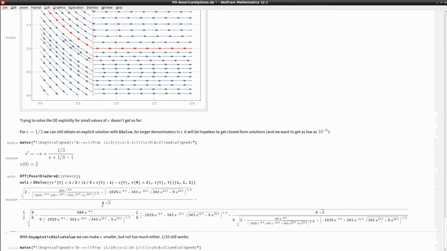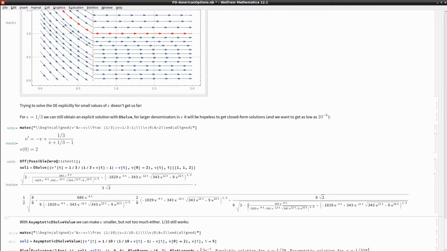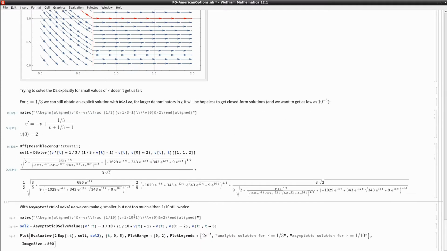For all practical purposes, I would call this a rather complex function, and our differential equation is not so much different. It's our v prime equals minus v as we had before, plus the penalty term, where epsilon is just 1/3. And even that relatively simple differential equation has a very complicated solution, as we can see here by using DSolve. We can make epsilon a little bit smaller.